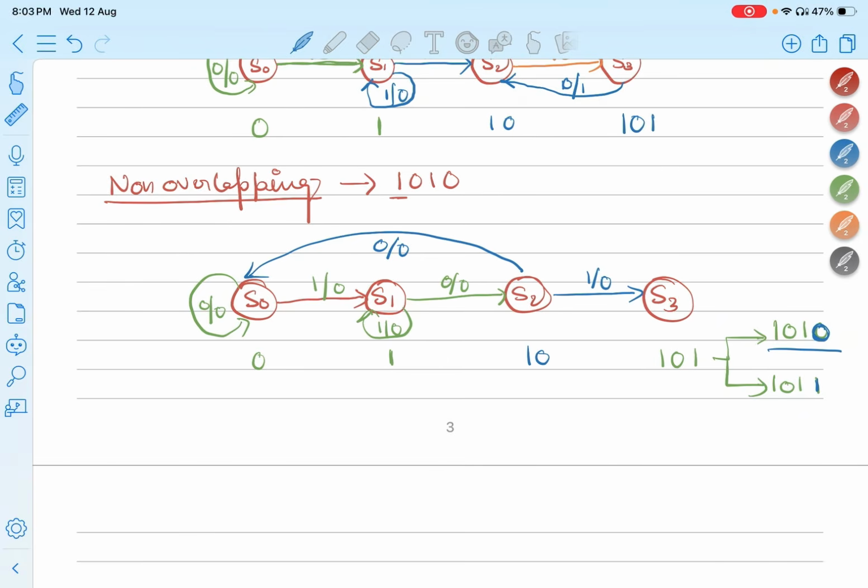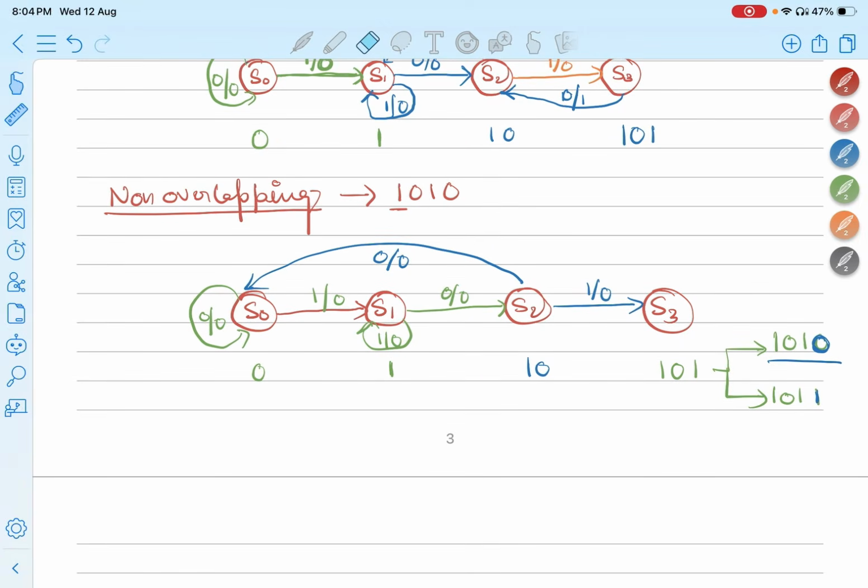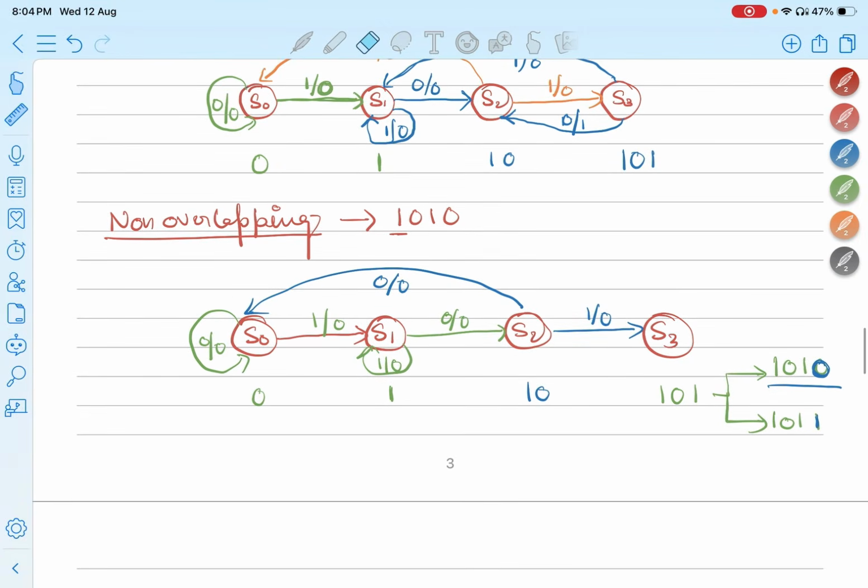Here we have 0. We don't have to check anything. We don't have to overlap like we did here, where we remove this, then we check this, then we remove this. We don't have to do this in the last state. So in this case, we are at 1010.